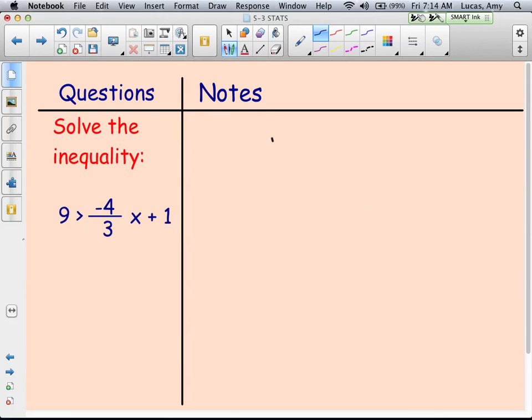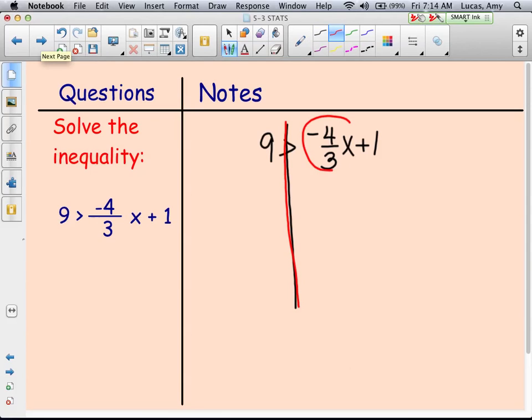Next example, our favorite kind of problem when we've got a fraction next to the variable. Okay, on this problem, our couple is the negative 4/3 x, so we need to subtract away the 1 first. So 8 is greater than negative 4/3 x.